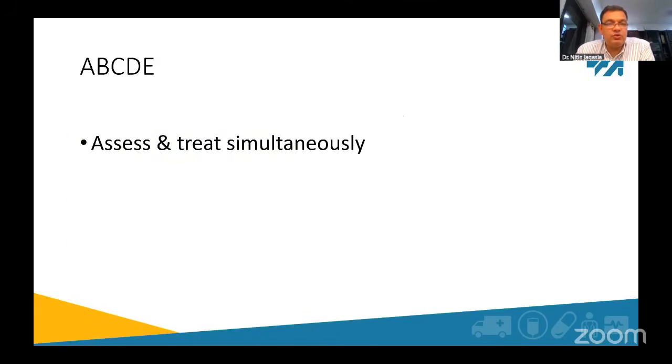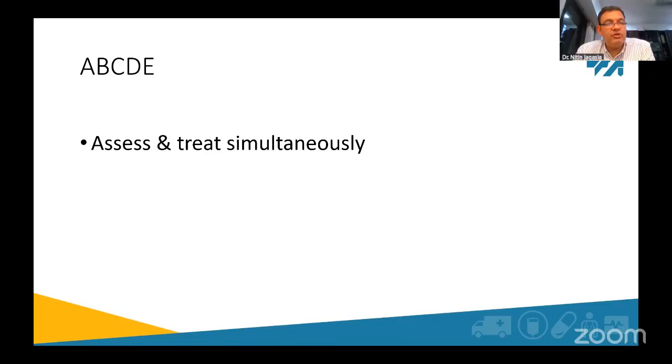What we're doing is assessing and treating simultaneously. The whole principle of the primary survey is to identify and treat any life-threatening injuries.